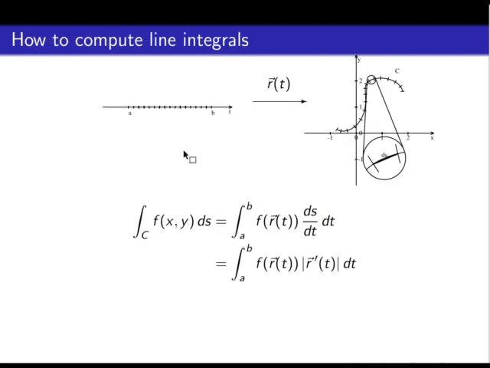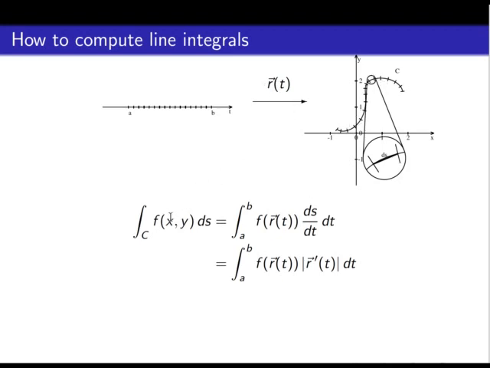How do you compute it? Depending on which kind of line integral we have, integral of f ds, well, the idea with all these line integrals is that instead of integrating over the curve, you integrate over t, where this is the parameterization of the curve. And t will start from some value, call it a, and end at some value, call it b. And then we take the value of the function. Of course, the function is defined on the curve, but you can compose it with this.